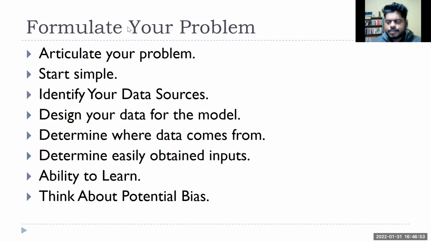Identify your data sources. You have to understand where that data is coming from. Imagine a scenario where Amazon or Flipkart are predicting which kind of customer will buy certain kinds of items.